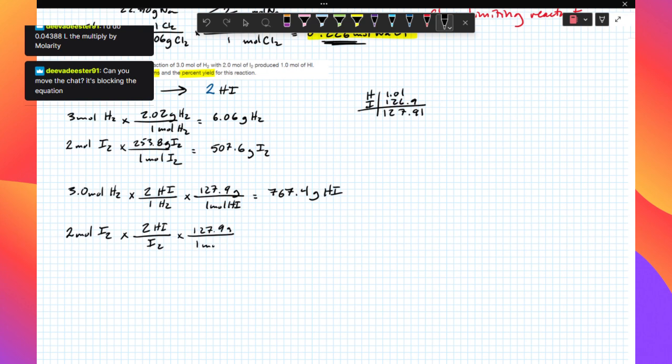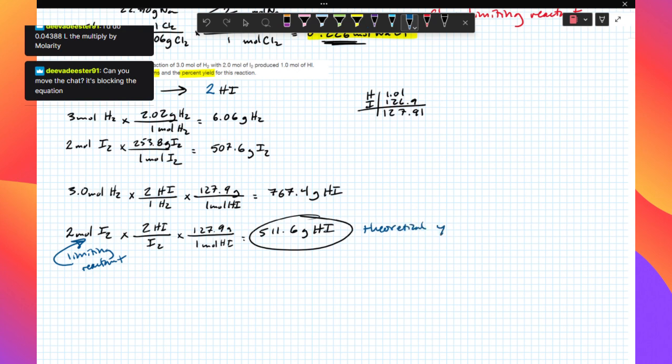Do the same thing. 2 times 2 times 127.9 gives us 511.6 grams of hydrogen iodide. 511.6 grams is less than 767, so we know that iodine is our limiting reactant, and that our theoretical yield is 511.6 grams of hydrogen iodide.